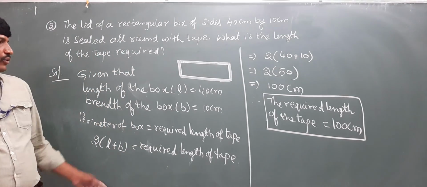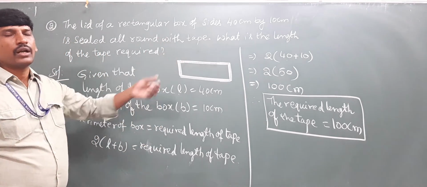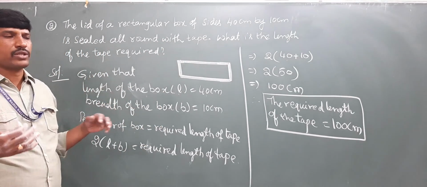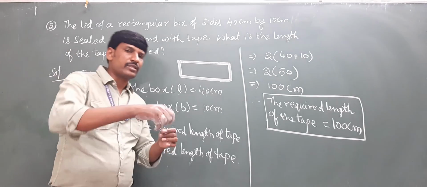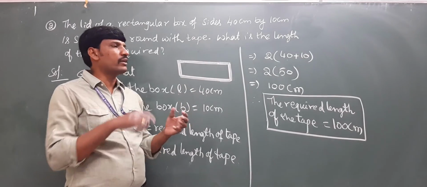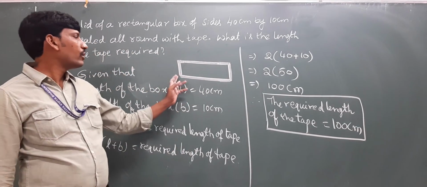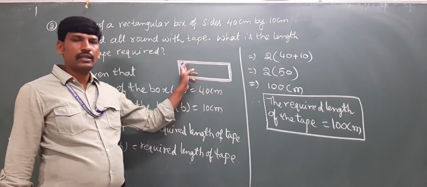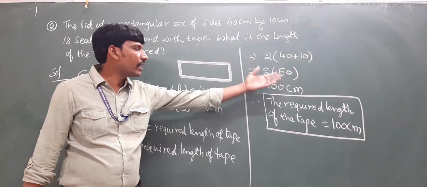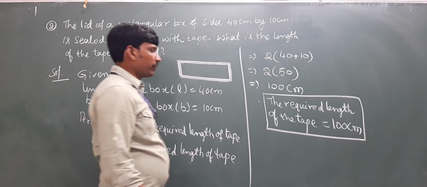Clear, my dears? Don't be confused whenever you get these types of questions. Read the question, try to think yourself. Imagine you are sealing a rectangular box. How much tape is required to seal the total rectangular box? That is nothing but finding the perimeter of the given box. It gives the required length of the tape. I hope you understood this problem.